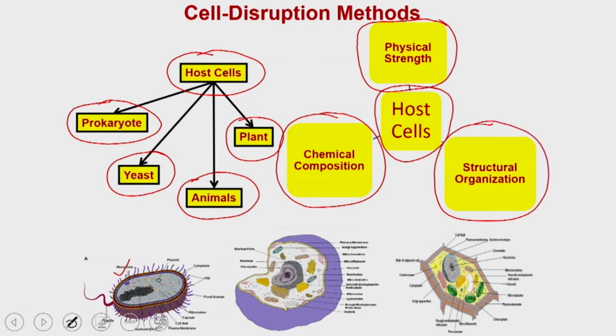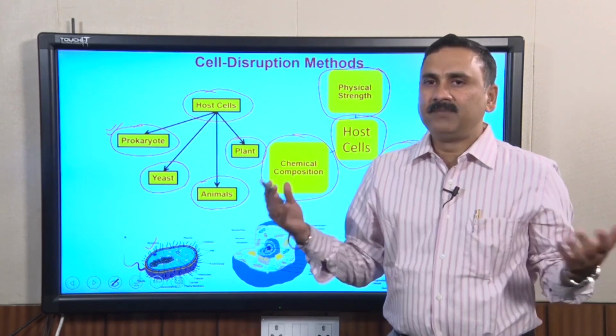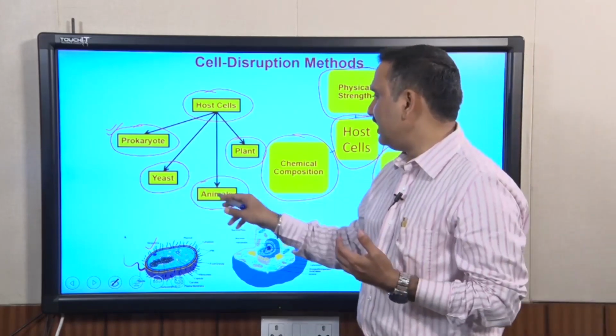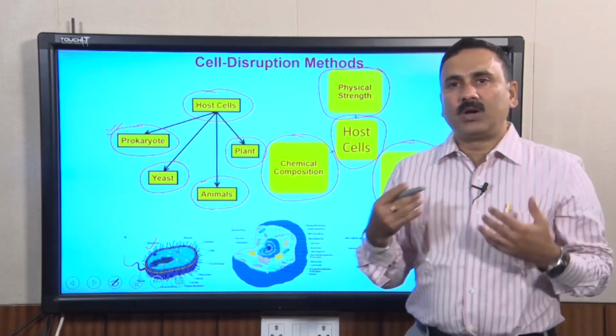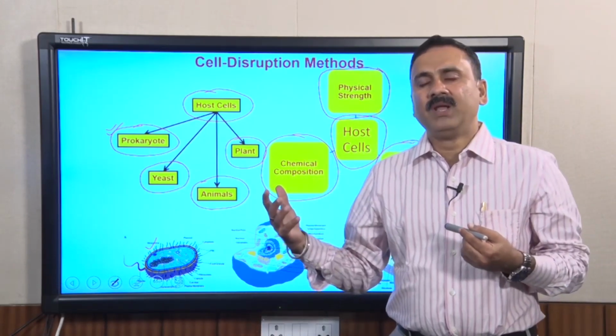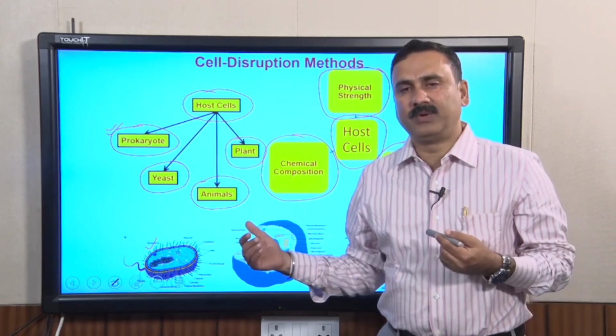For example, in the case of prokaryotes, there is no organelle presence. So, once you have broken the cell wall and once you have broken the bacterial cell, the product will come out, whereas in the case of yeast, animal or the plant, they all are going to contain organelles. So, even if you have broken the outer plasma membrane, that will not ensure that the product will be released into the supernatant.